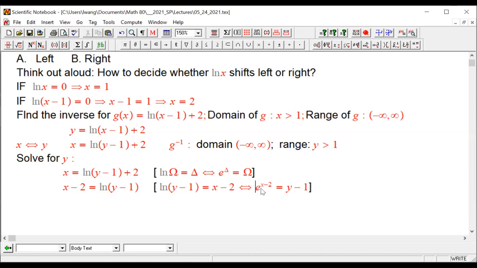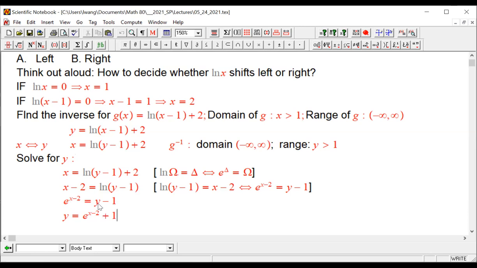So we are closer. Using the definition, we get to this place. You guys see that? And y is almost solved. So we can add 1 on both sides. So we get e to the power of x minus 2, plus 1.